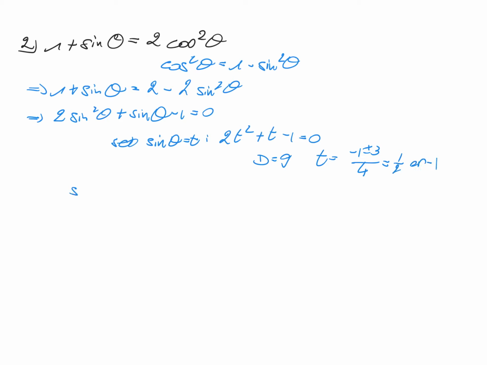This thus means that sine of theta is either equal to 1/2 or sine of theta is equal to minus 1. Sine of theta is 1/2 if the angle is pi over 6, and so the general solution for the first part becomes k times pi plus minus 1 to the power k times pi over 6, and sine of theta is minus 1 for minus pi over 2. So here we get k times pi plus minus 1 to the power k times minus pi over 2.